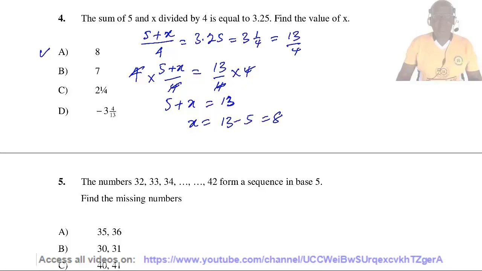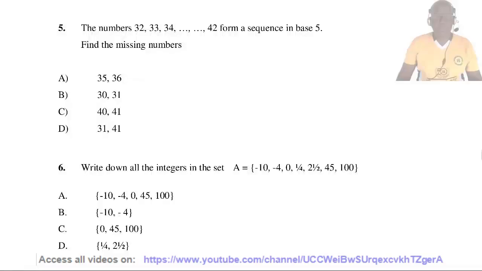Question 5. The numbers 32, 33, 34, dot, dot, dot, dot, dot, dot, 42 form a sequence in base 5. Find the missing numbers. Take note that the difference between the first term and second term of the sequence is 1. The difference between the second term and third term is also 1.